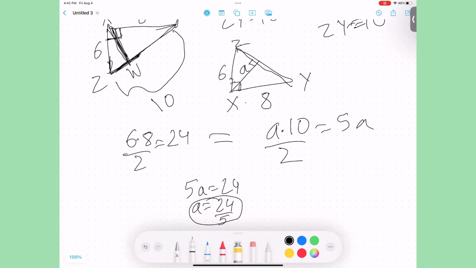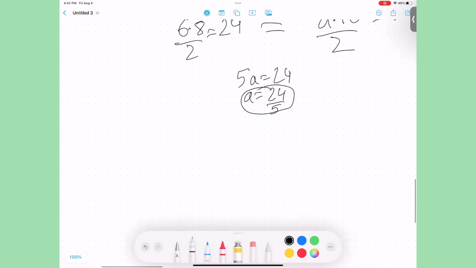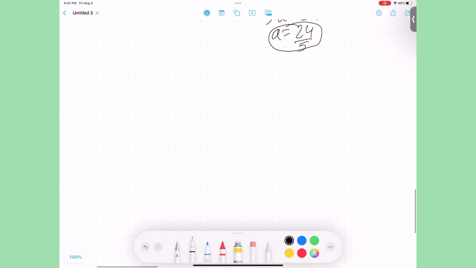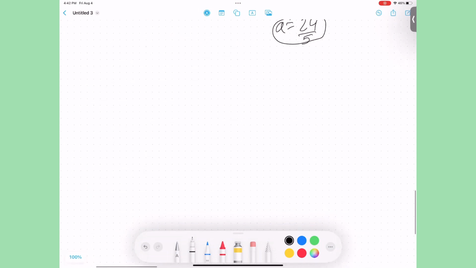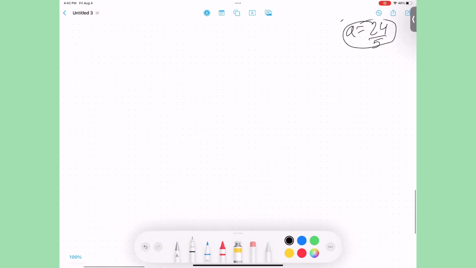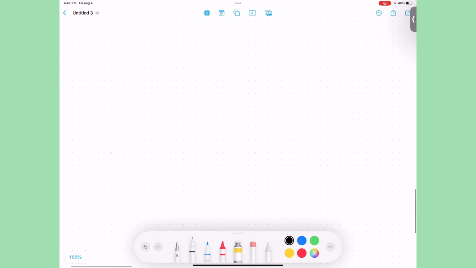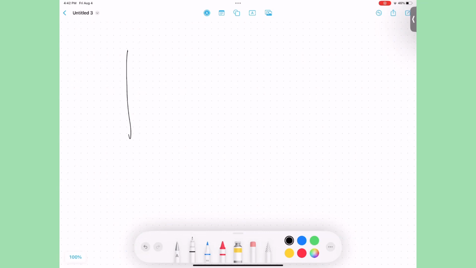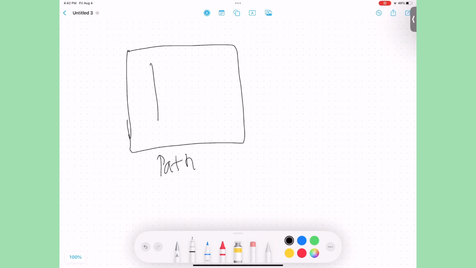Okay, so now let's go over this cool problem that ties in both perimeter and area. It says you have a path like this, and say this is a garden.